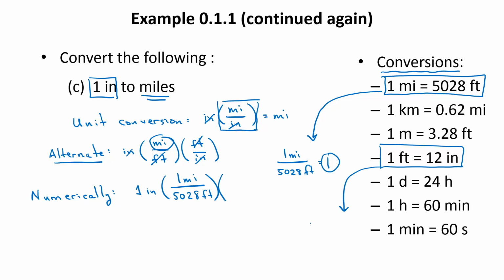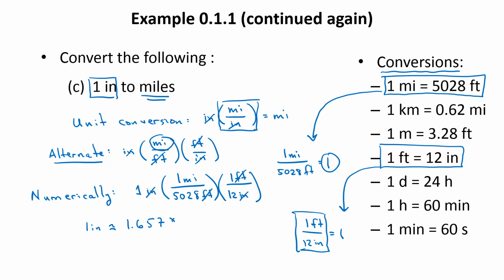This conversion here, 1 foot over 12 inches, is also equal to 1, so I can multiply by this without changing things. That's 1 foot per 12 inches. Now the feet will cancel, these inches will cancel with these inches, and I'm left with miles, and 1 inch is approximately 1.657 times 10 to the minus 5th miles.